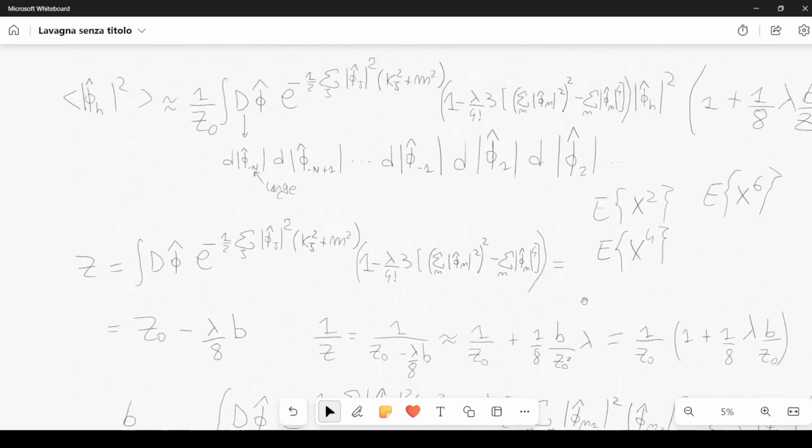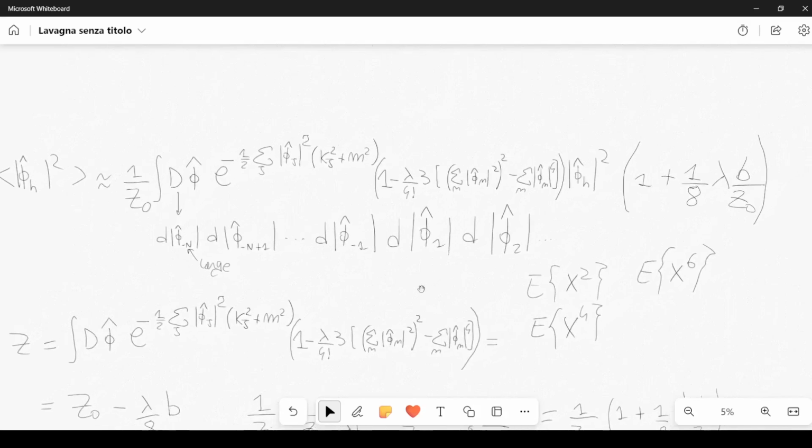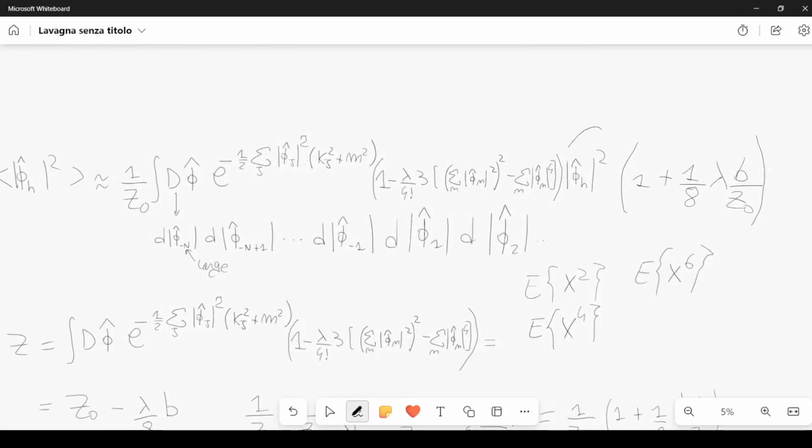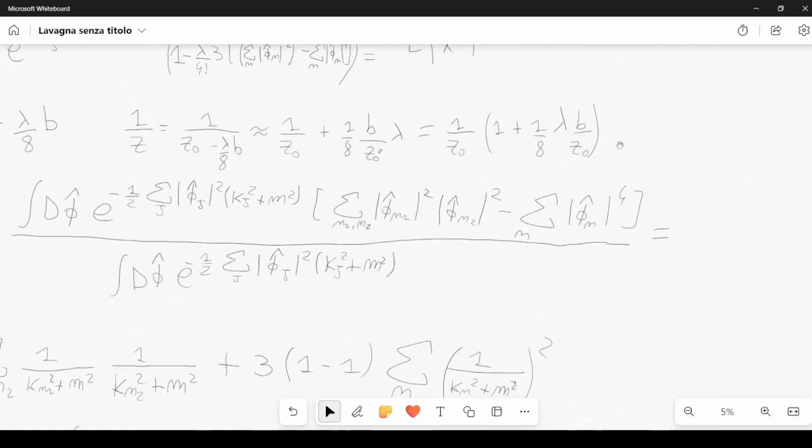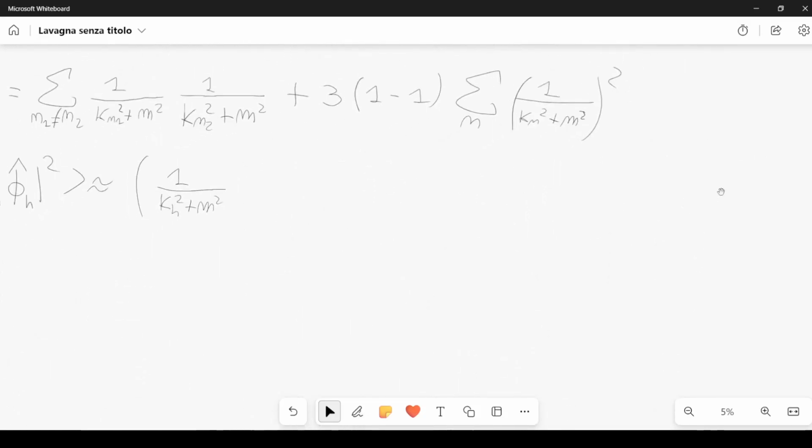That term arises when you multiply this term by 1 and then do the integration. That's very simple, right? Here you have phi hat sub h squared, and that will give you the variance of the Gaussian distribution. So in this case, you just have this term, very simple. And then you have some more complicated terms.